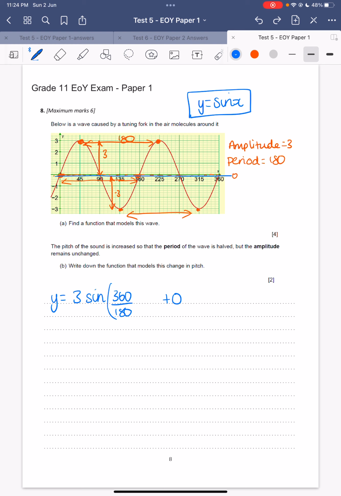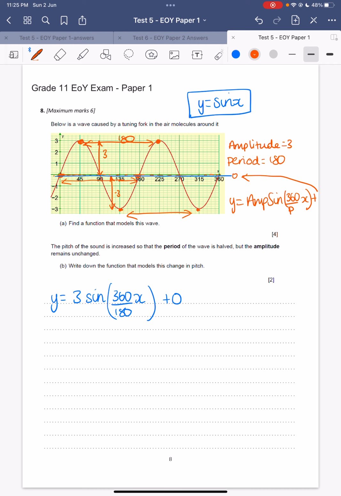Oops, we need our x value in there. When you're doing any sort of sine modelling, it's always y is equal to the amplitude, sine of 360 divided by the period of x, plus whatever your midpoint is. That's how you will do any sort of sine or trigonometric modelling.